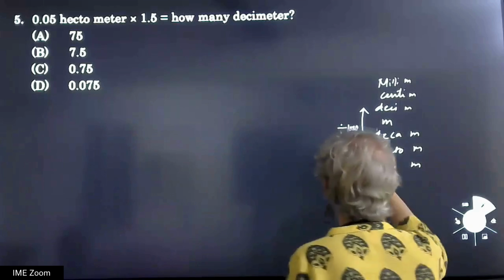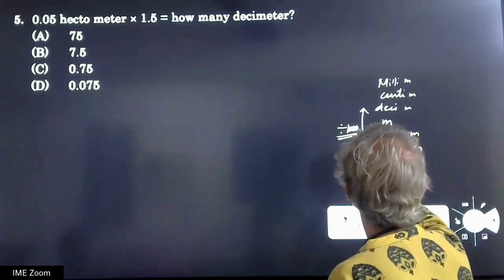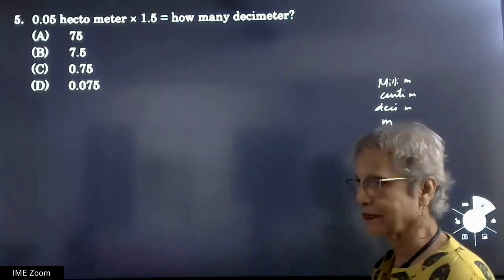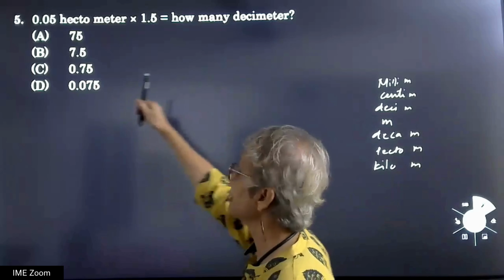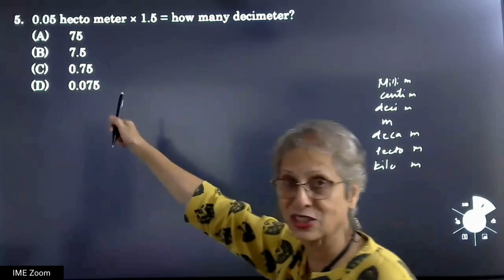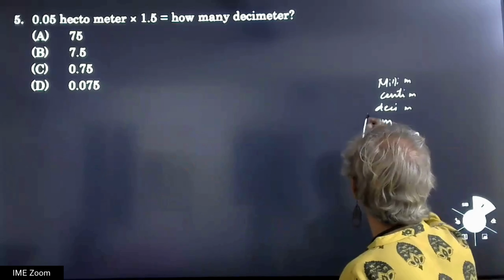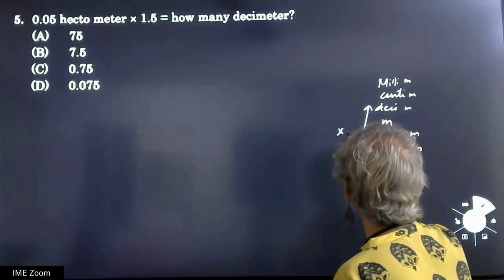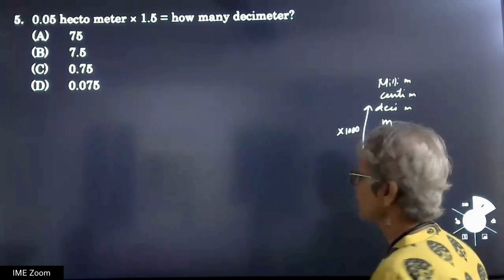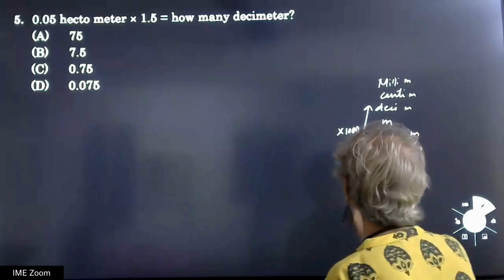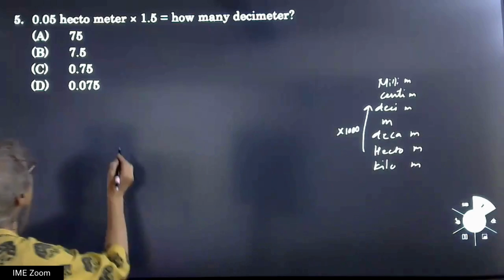This is my mistake. Let us rub it. Yes. So now here hectometer to decimeter. Hectometer is the larger unit to smaller. That is multiplied by how many steps we are going? 3 steps. So multiplied by 1000. And now let us multiply given hectometer by 1000.